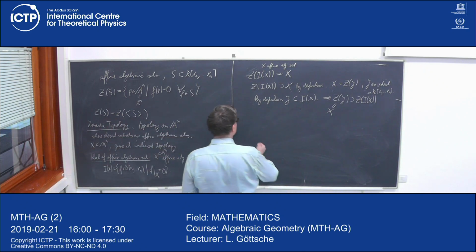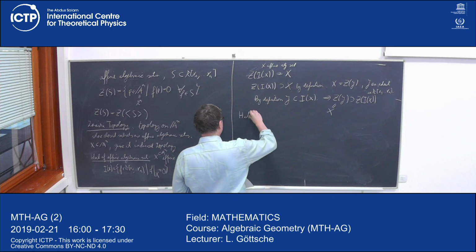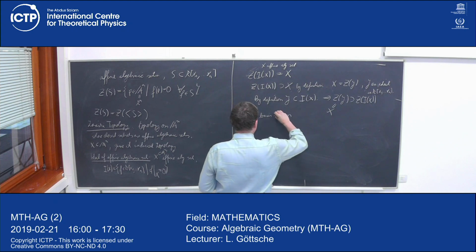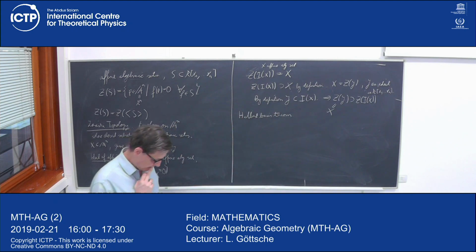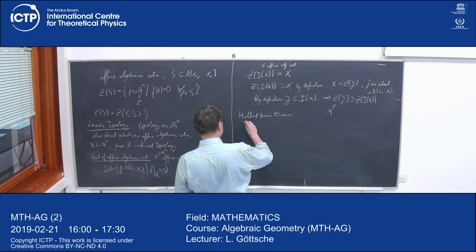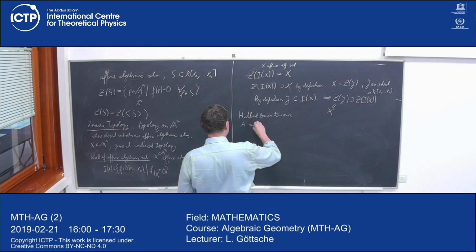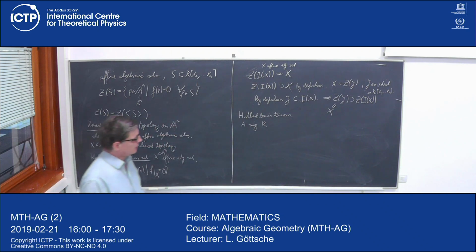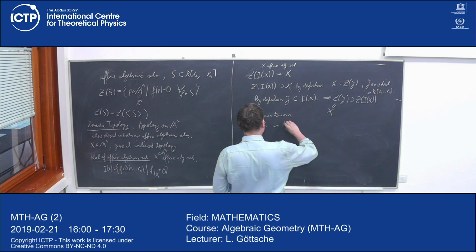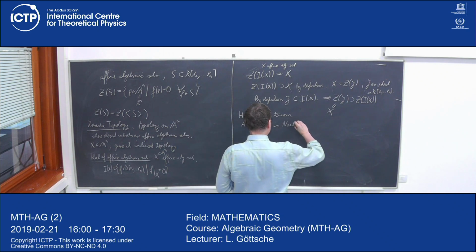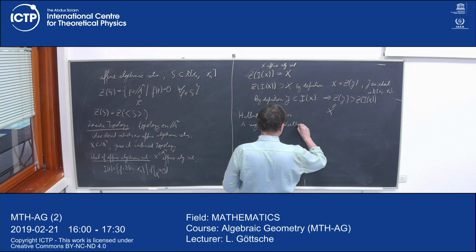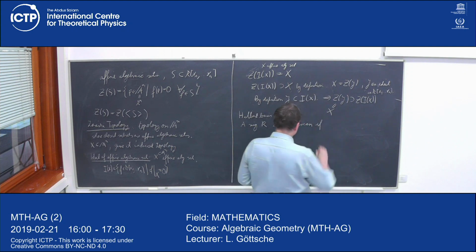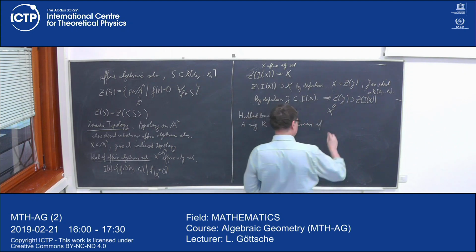And then finally, we talked about the Hilbert basis theorem. I mean, we started to talk about the Hilbert basis theorem. For the moment, we talked about Noetherianity. So we had said a ring R, which for us is always a commutative ring with 1, is Noetherian if the following two equivalent conditions hold.